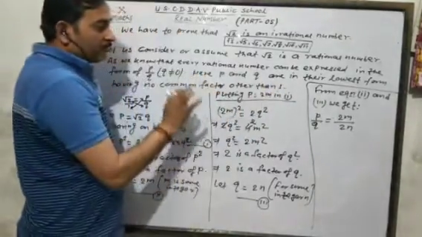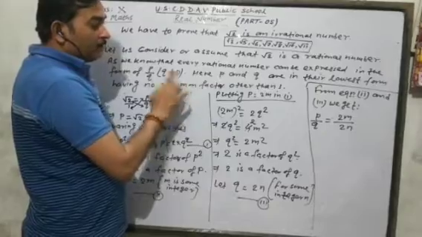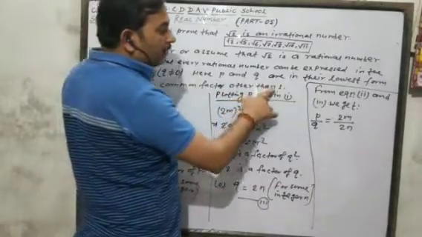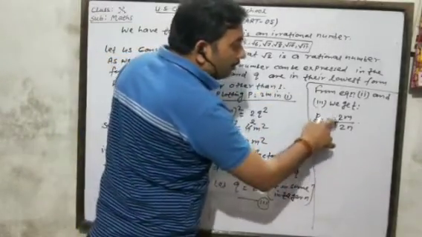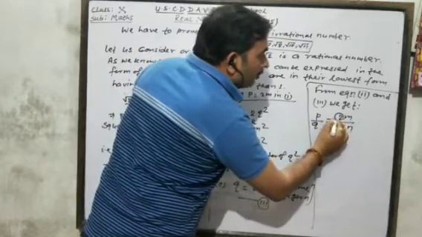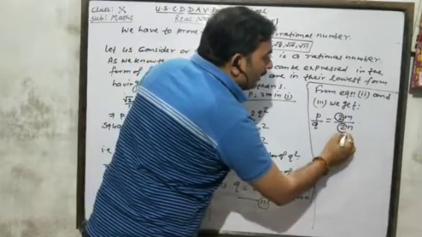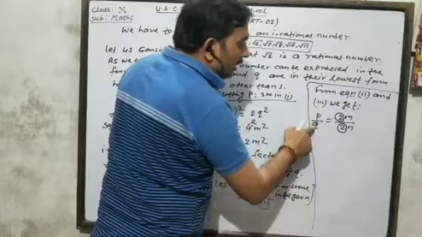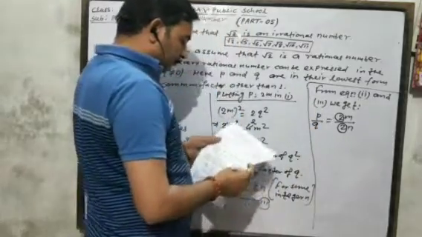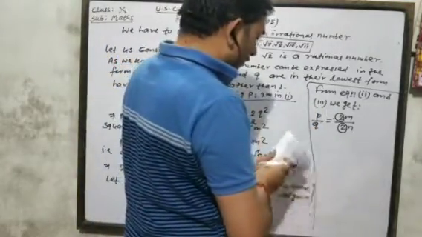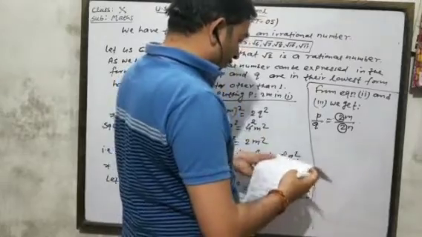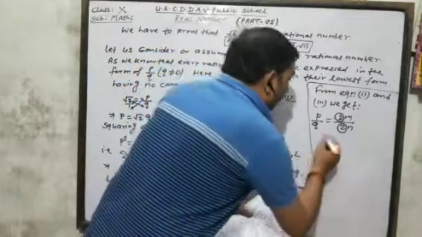But what we see here, see, 2 is a common factor of both p and q.